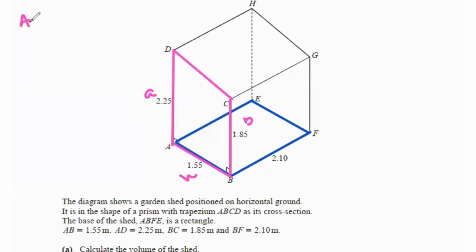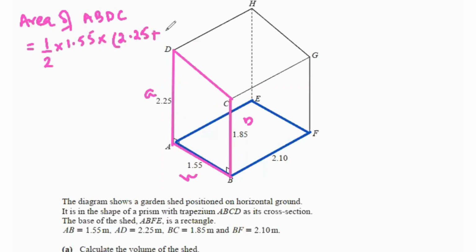We find the area of ABCD. That's going to be 1 over 2 times 1.55 times the sum of 2.25 and 1.85, which is going to give us 3.1775 meters square.